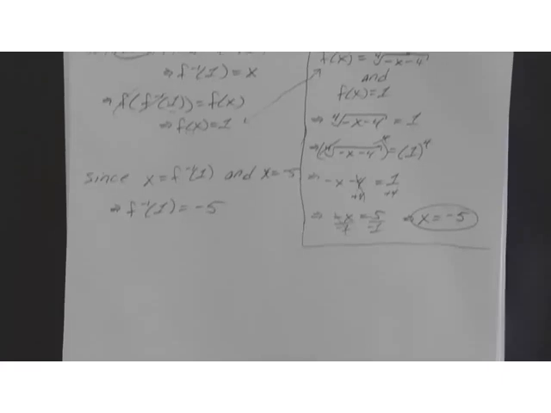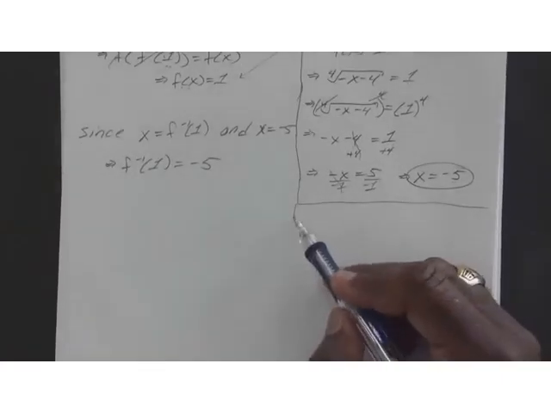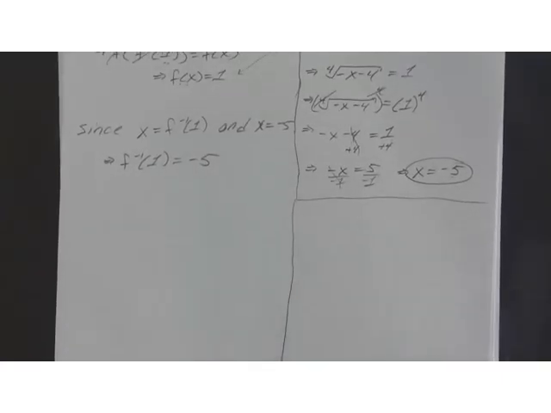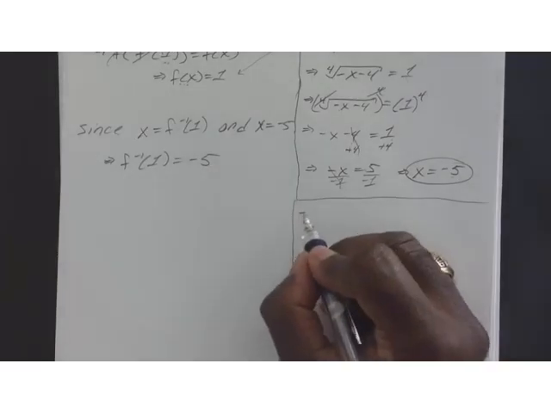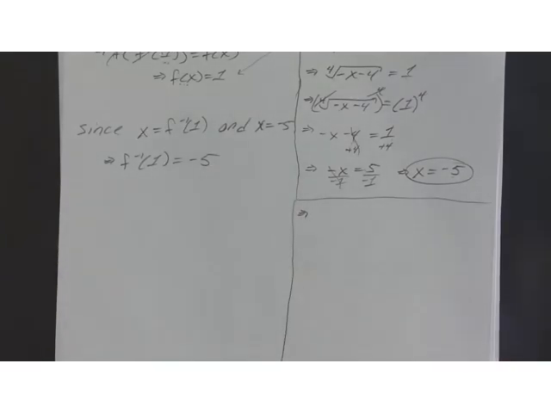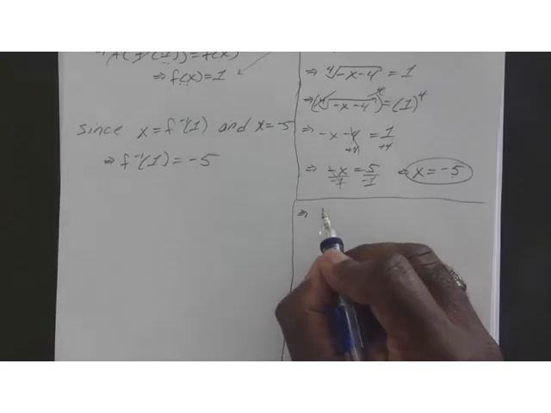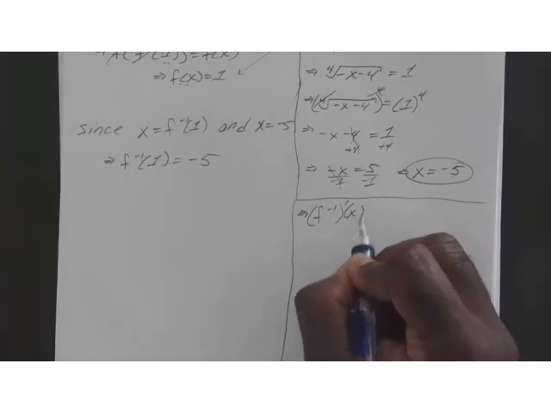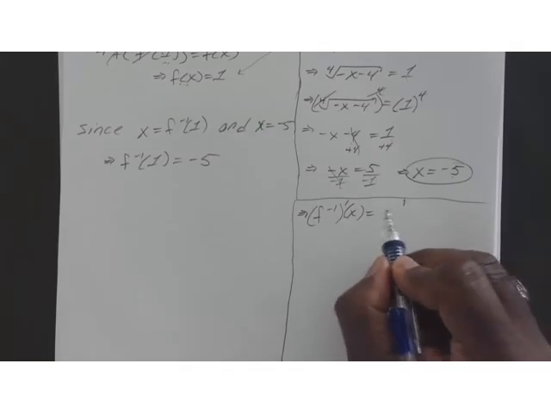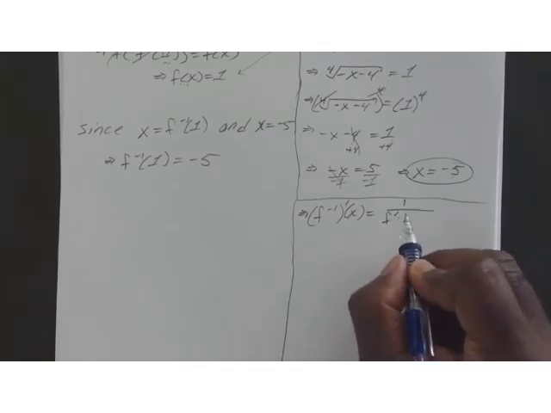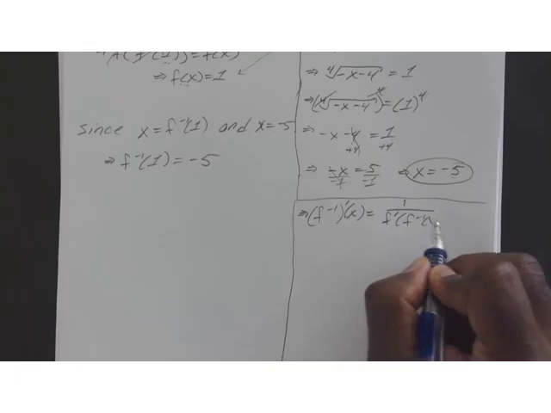Okay, so this is where we start plugging it into our formula. So we know the derivative of an inverse function is f inverse prime of x is equal to 1 over f prime of f inverse of x.